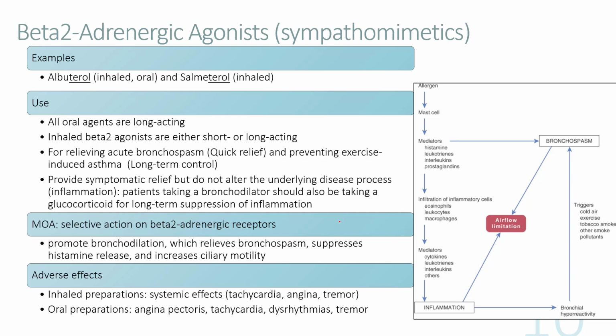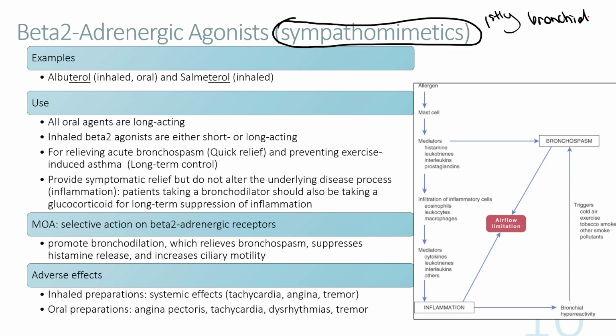Third group of drugs used to treat asthma are the Beta2-Adrenergic Agonists. And these Beta2-Adrenergic Agonists mimic activation of the sympathetic nervous system. Firstly, in the bronchial smooth muscle, but also if the dose is increased, then it becomes non-specific and it starts having effects on the heart, right?